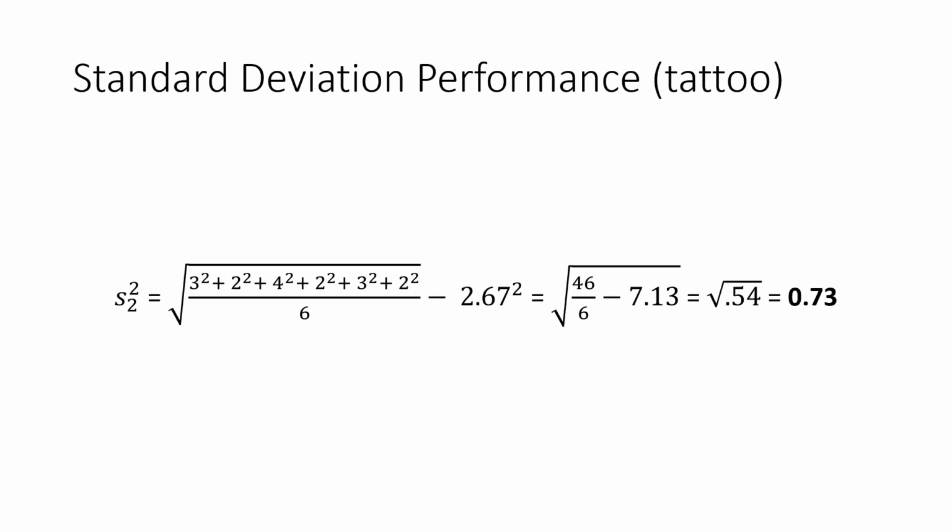So we not only have the same exact mean scores across group 1 and group 2, but we also have the exact same standard deviations corresponding to each of those mean scores. So in both cases, the standard deviation is 0.73.